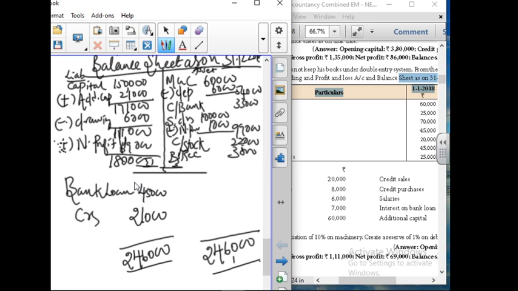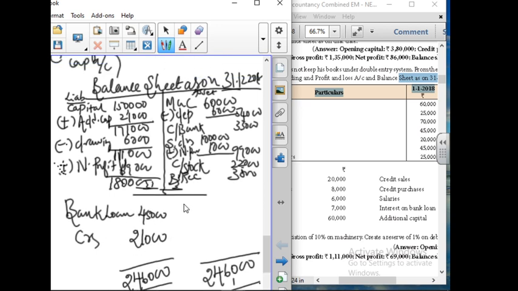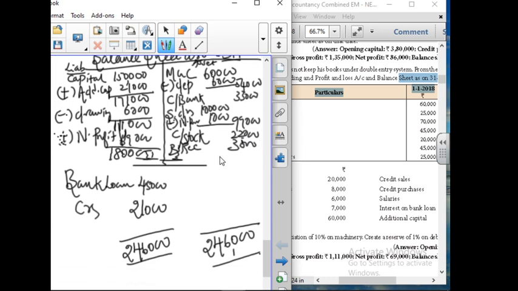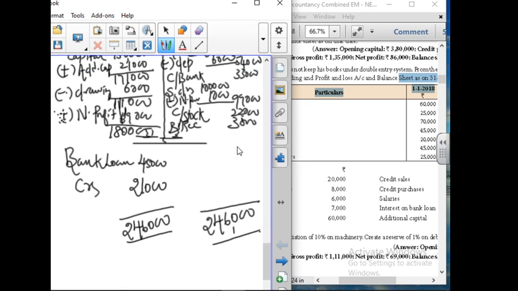And net profit comes around 69,000, and your balance comes here 1 lakh 80,000, and bank loan 45,000, creditors 21,000, machinery 60,000, your depreciation 6,000, so 54,000, cash at bank 33,000, sundry debtors with 1 lakh minus your new provision with the 1,000, so 99,000. And before writing this, we have left bills receivable, so I have written it in the last, but you have to make it in the front. That 3,800, and closing stock comes around 22,000. With this, we are able to tally the sum 2,46,000.